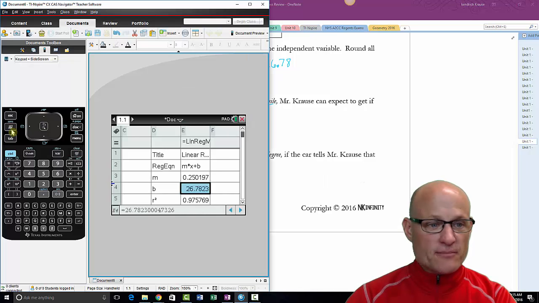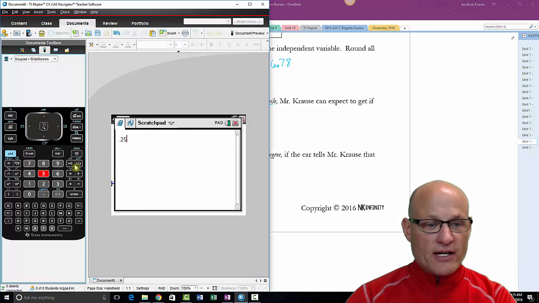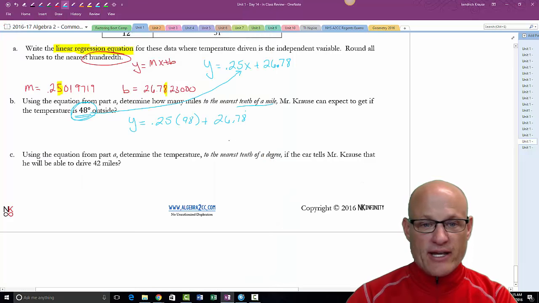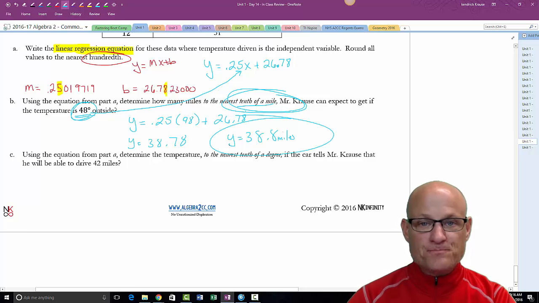I come over to my calculator. 0.25 times 48, yes, I know that's 12, plus 26.78. So 38.78. Round to the nearest tenth. My final answer is y equals 38.8 miles. You don't even have to write miles, but I'm putting it there.